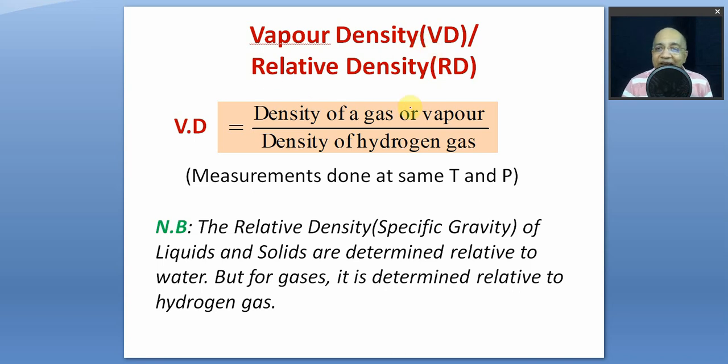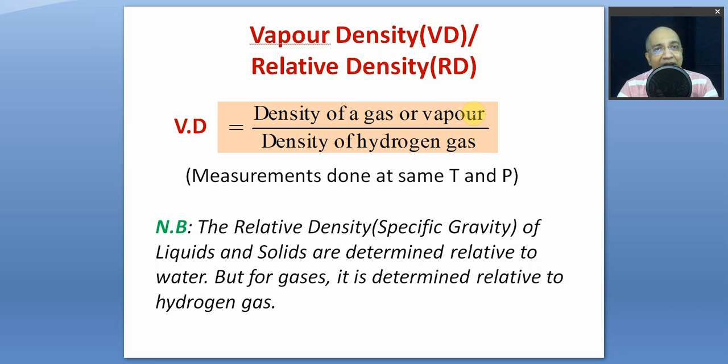The density of a gas or vapor divided by the density of hydrogen. How many times the gas or vapor, just hold on, you might be thinking gas and vapor, what is the difference between the two? Don't worry, this is not a physical chemistry class. In physical chemistry class, you will know the subtle difference between a gas and a vapor. I'm not going to discuss that now.